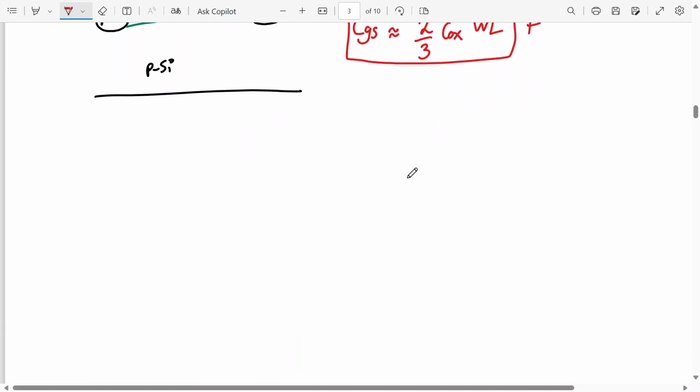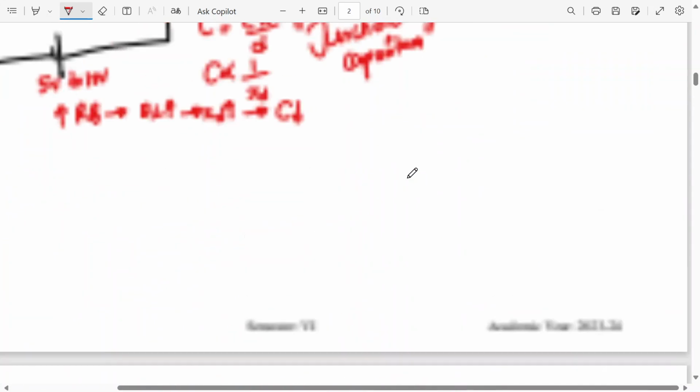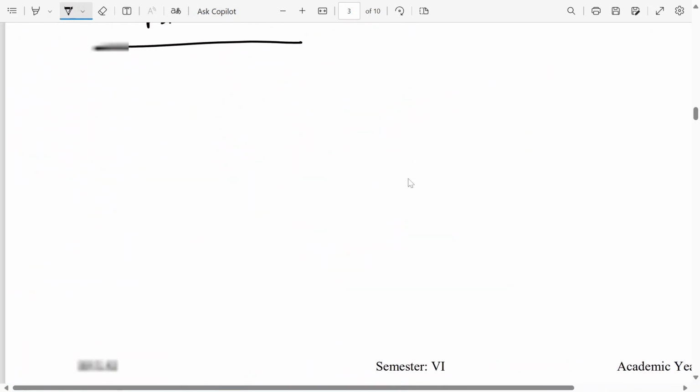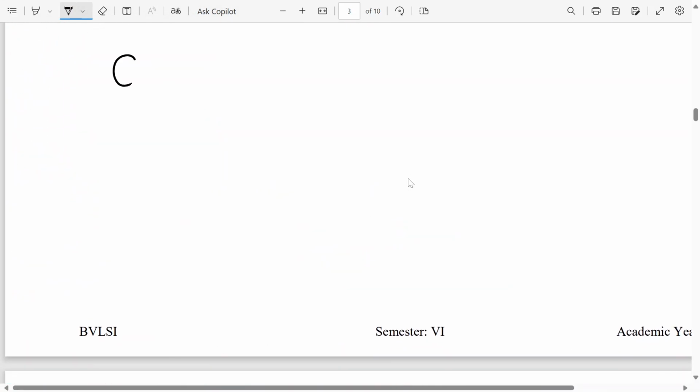Alright. Now if I write this in table form, what will I get? Let's say I write these capacitances on one side: CGB, CGD and CGS, and this is the total capacitance.